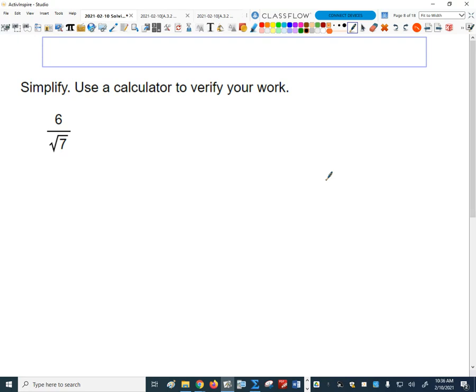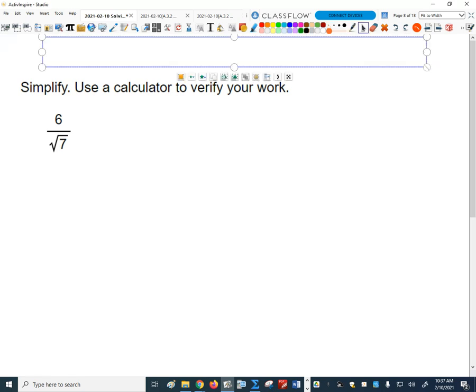And they don't like to have radicals in the denominator. They like the denominators to always be rational numbers. They don't like denominators to be irrational. And so we've got to do something called rationalizing the denominator here. Okay? We need to rewrite this in a form where the denominator is a rational number. The numerator can be irrational, but the denominator can't.